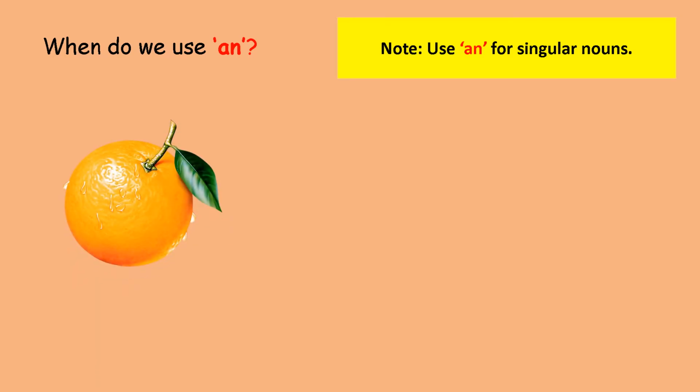What is this? Orange. Since orange starts with the letter O and O is a vowel, and this is only one orange, we say an orange.